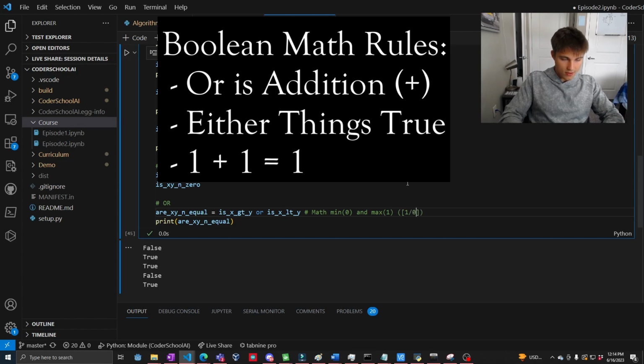Because let's forget about what this is actually valued at. 1 or 0 plus 1 or 0, right? And let's say they're both equal to 1.